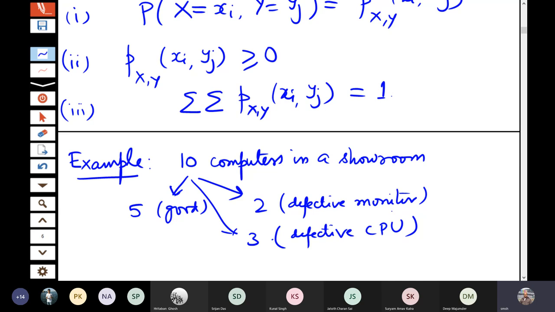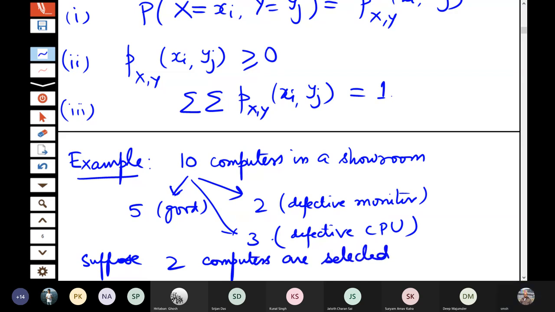Suppose 2 computers are selected at random.